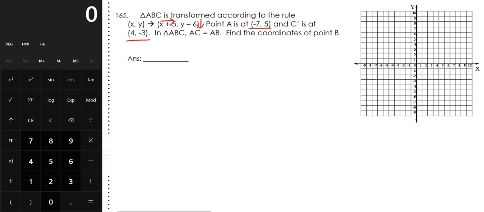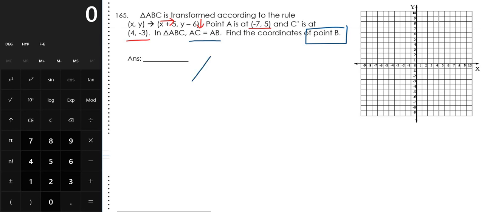Let's keep going. In triangle ABC, your original triangle, two side lengths, AC and AB, are equal. With all that information, find the coordinates of point B. So let's think about what happened. We had a triangle. It was translated. They gave us a couple of coordinates.